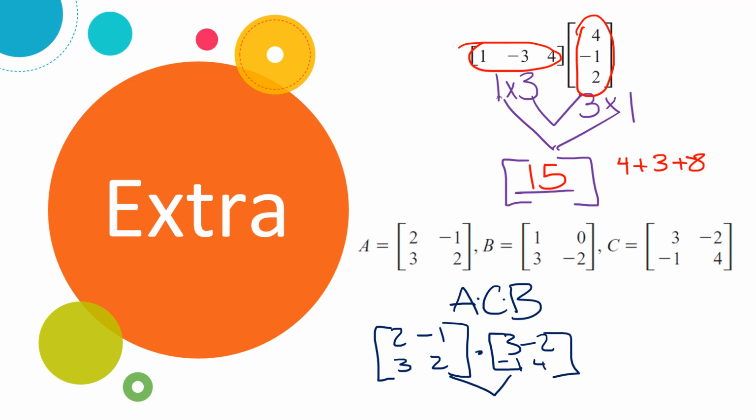You would get a resulting matrix, right? 2 by 2. But then you have to take that B matrix and drop that down, and it has to be on the right side. So you have to take your resulting matrix times the B matrix. So watch out for that, okay? It needs to go in the exact order that you have, and you have to work left to right.